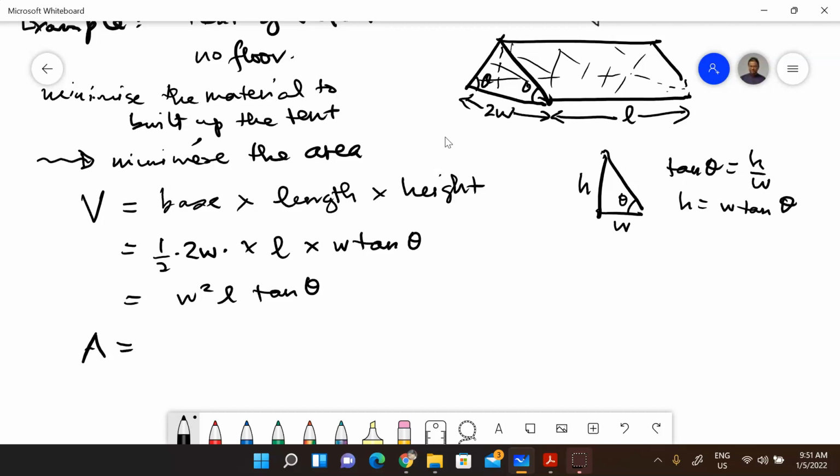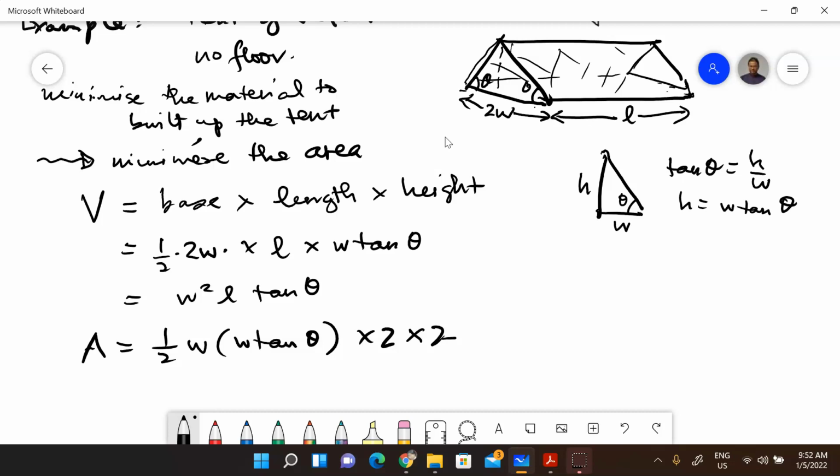So the area of the triangular shape should be given by half w tangent theta times 2, because I have two right angle triangles to build up the isosceles triangle, and then I need to multiply by another 2 because I have the one at the front and the one at the back.